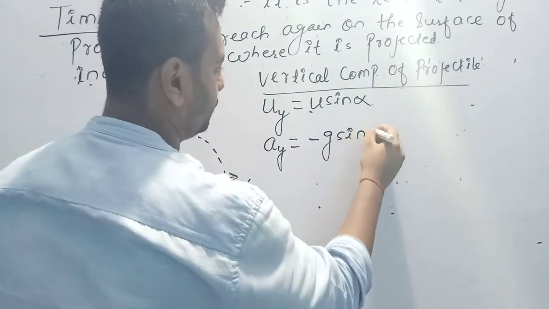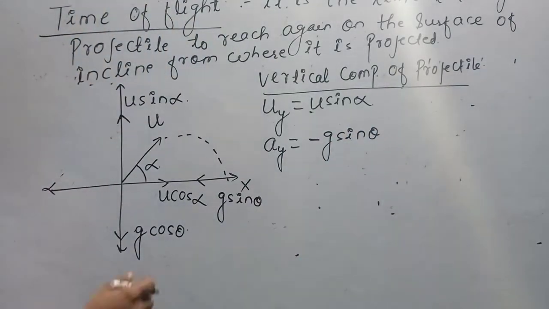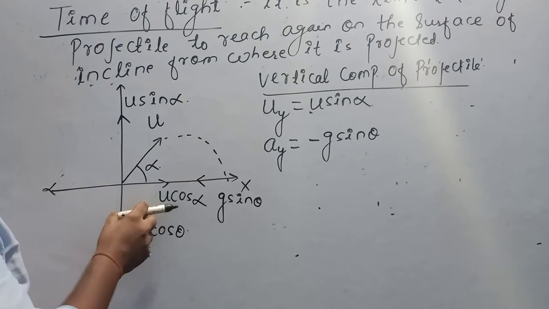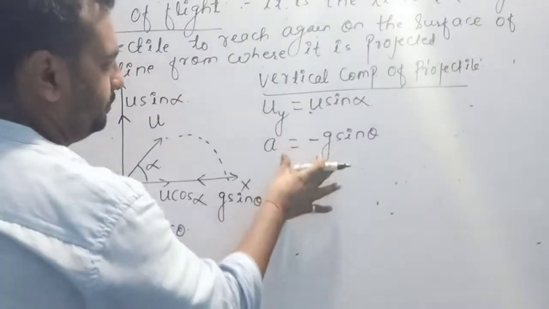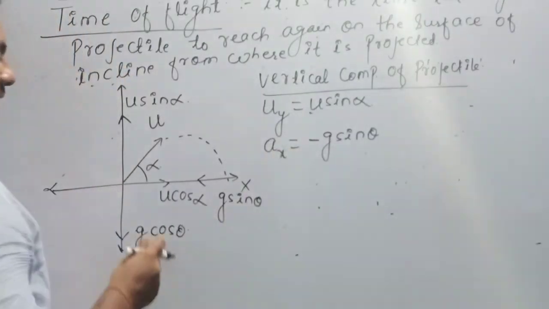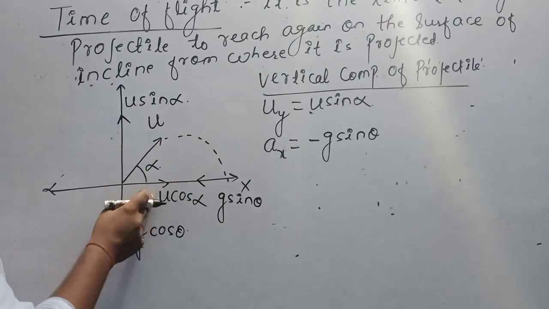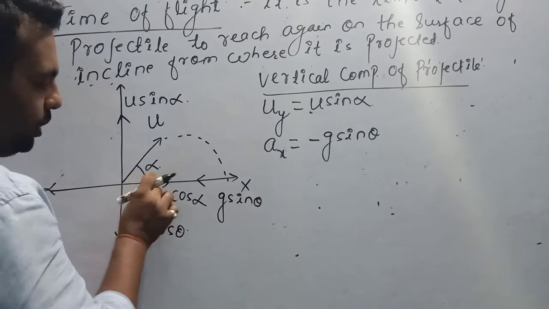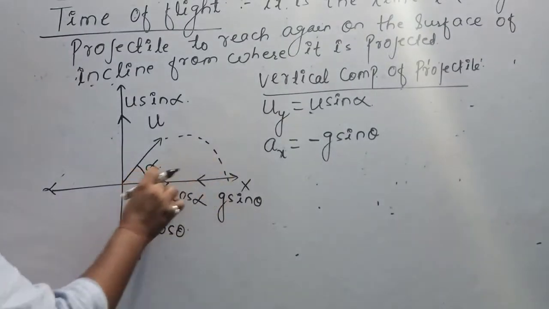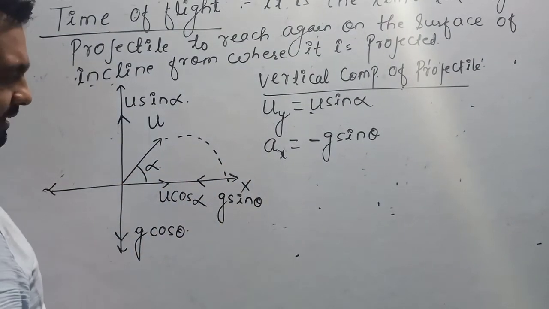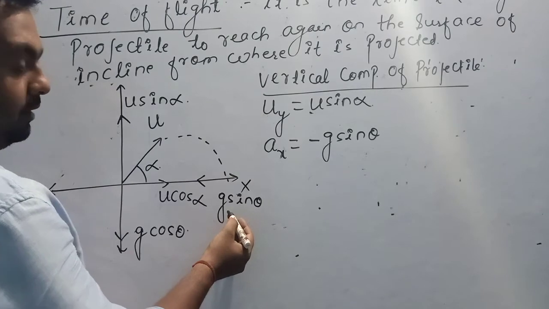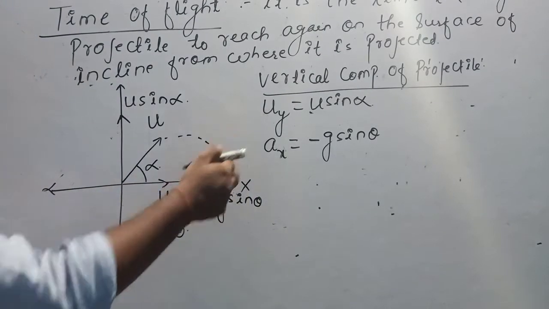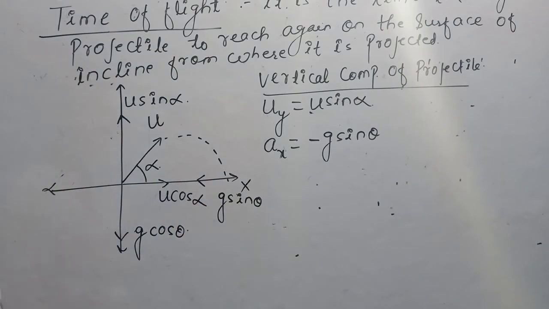I think now there is no doubt in writing the negative sign, because the x component of initial velocity is along the positive x-axis, and the acceleration's x component is in the negative x direction. That's why I am writing the negative sign.